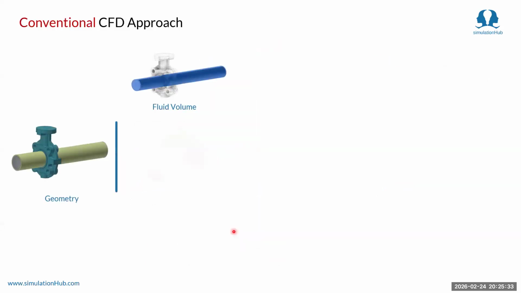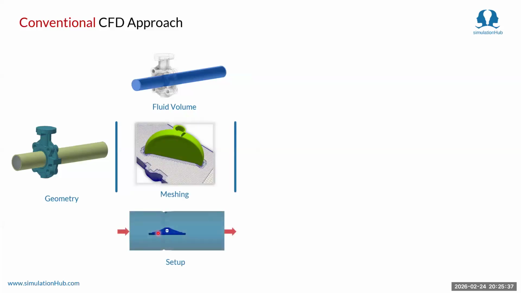So in a conventional CFD approach, you start with the CAD model, you extract the fluid volume and generate mesh in the fluid volume, define the boundary conditions, and select the appropriate turbulence model and numerical schemes in order to get meaningful, accurate results.